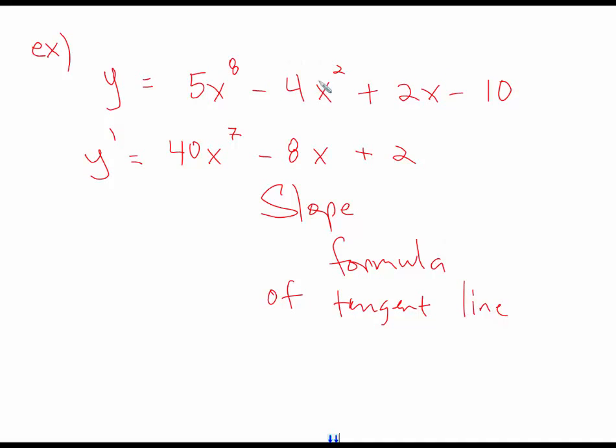So to find the slope of the tangent line to this curve, it's this formula right here, which is the derivative. So don't ever forget what you're finding. When you get the derivative, always remember what you've just found. It's the slope formula of the tangent line to the original function. Okay.